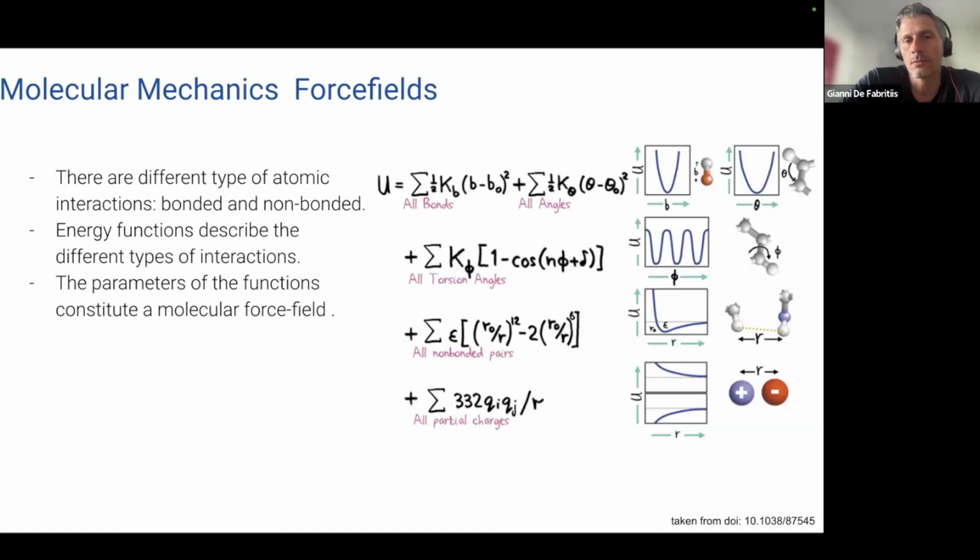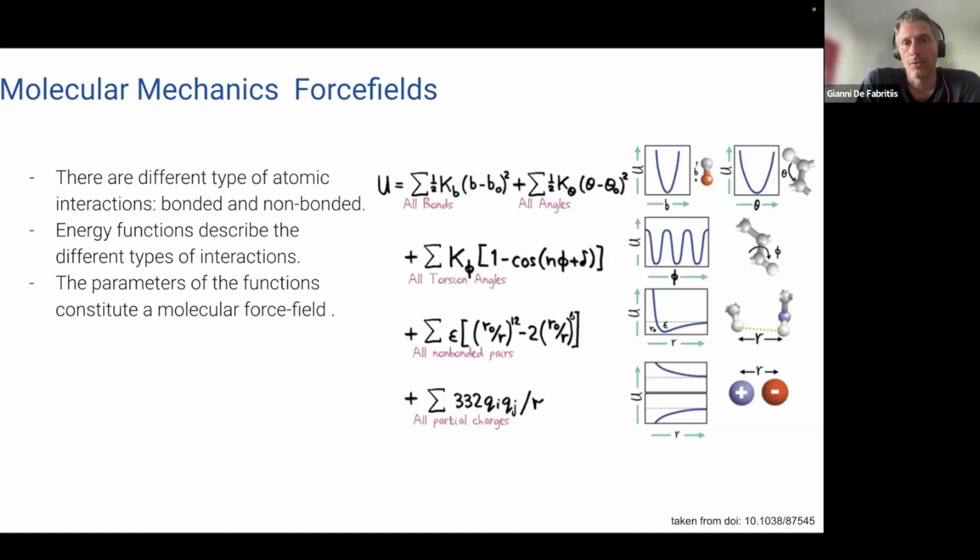It's not driven by quantum mechanics. We make an approximation: we forget about the electrons somehow. We coarse-grain all the electrons into a potential which applies as if there were planets on the nuclei, so on the heavy atoms and hydrogens.